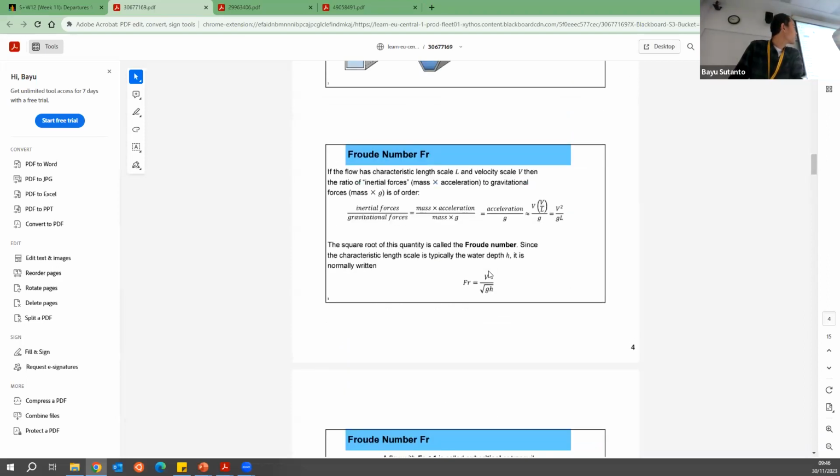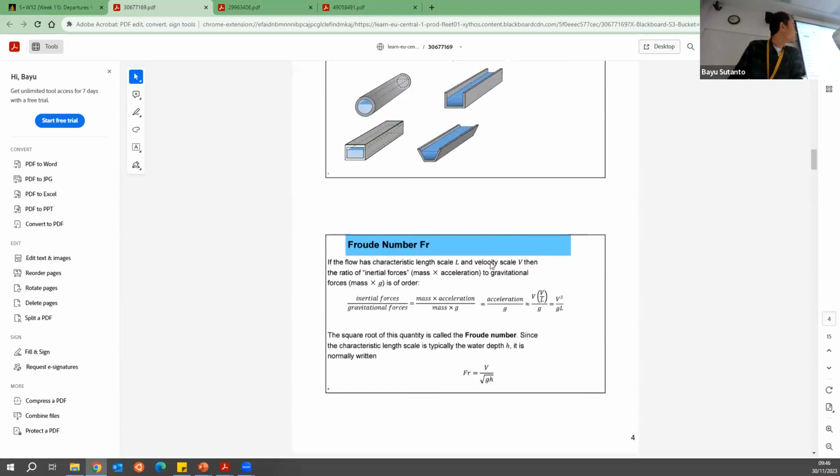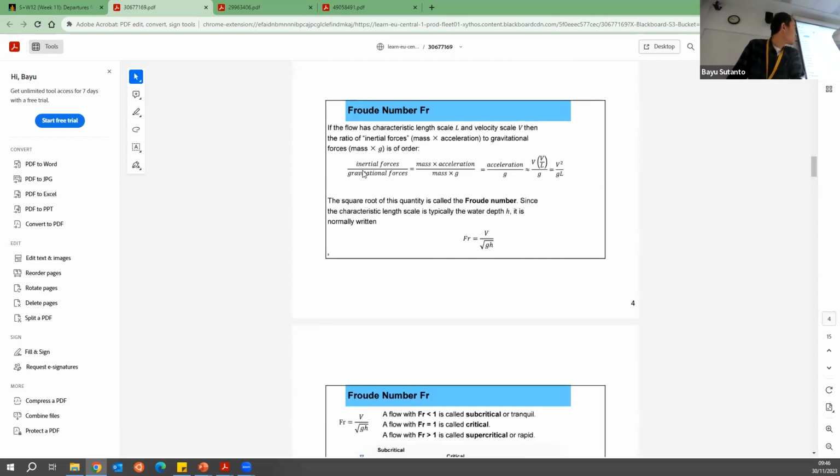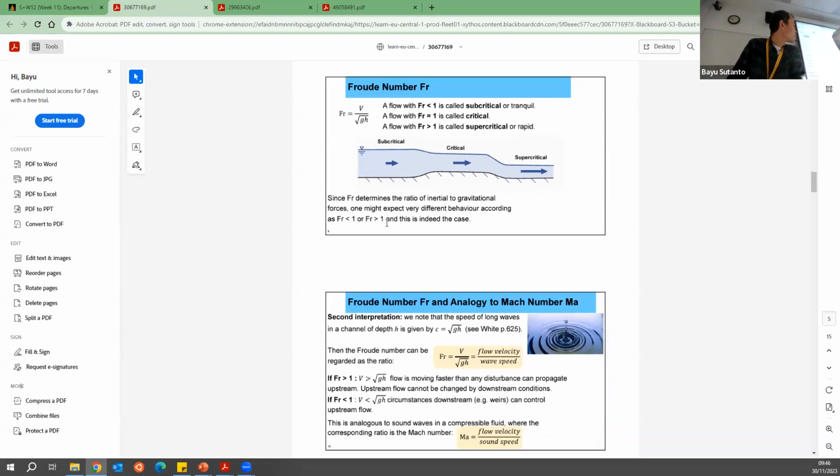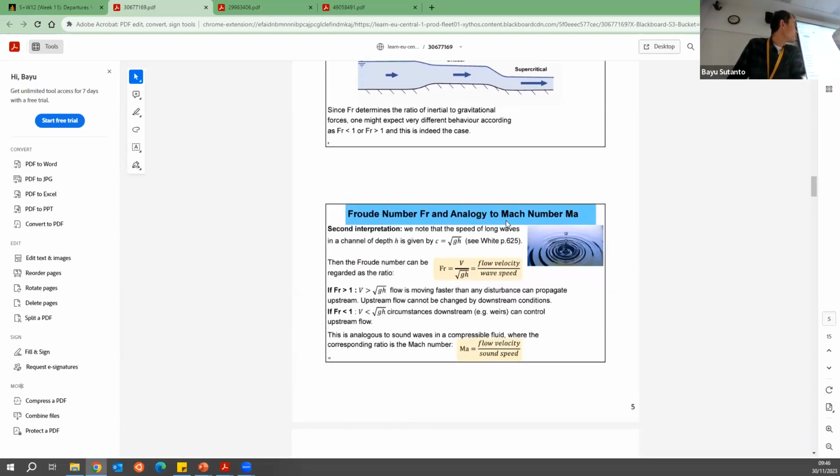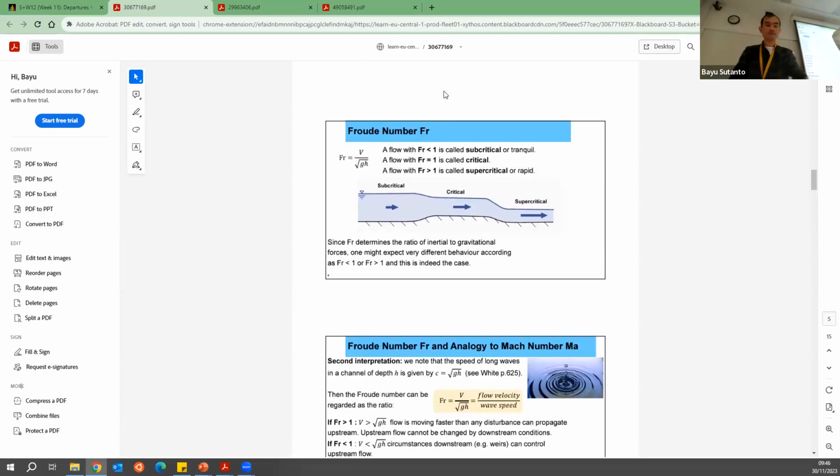Yeah, this is the inertial force to gravitational force. It will be available on your blackboard to define the Froude number. So it is analogous to the Mach number. So in fluid mechanics 2, you have Mach number, in supersonic or subsonic sound wave. But for number 4, it is the open channel flow.